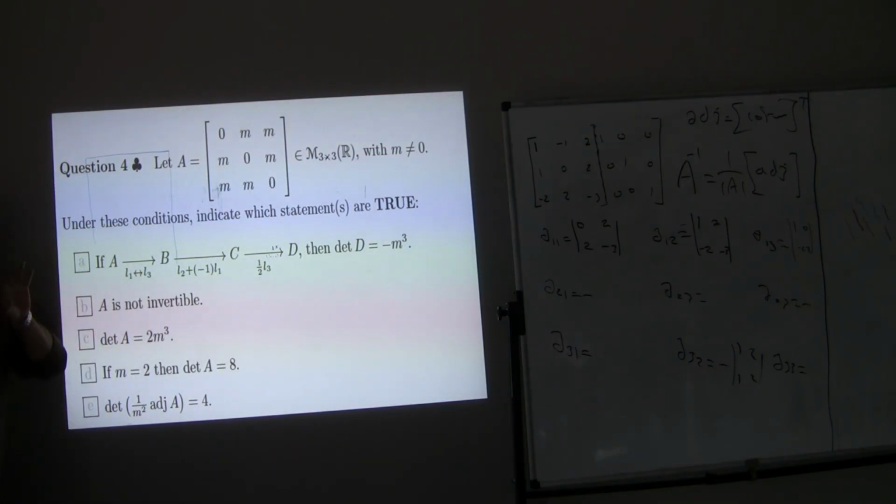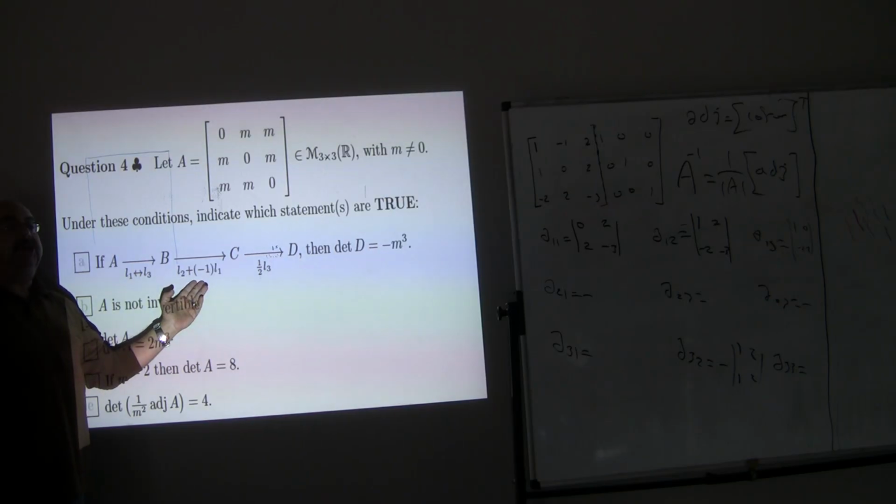As I told you, the head of the question in all of them states the correct statements. He's giving you A. He made a replacement. So once you see those arrows, it means he will ask you about the row operations or the elementary matrices. What's this operation? Switching rows.